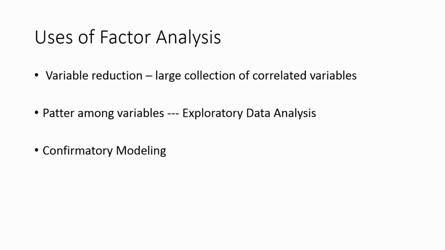You are doing multiple regression, logistic regression, any kind of regression, it's good to run a factor analysis to know which variables are correlated. So it helps in knowing your data or visualizing your data or exploring your data. When you have a lot of knowledge by exploring the data, you can build a model better. So it may not be directly used in the modeling, but yes, it helps in the modeling.